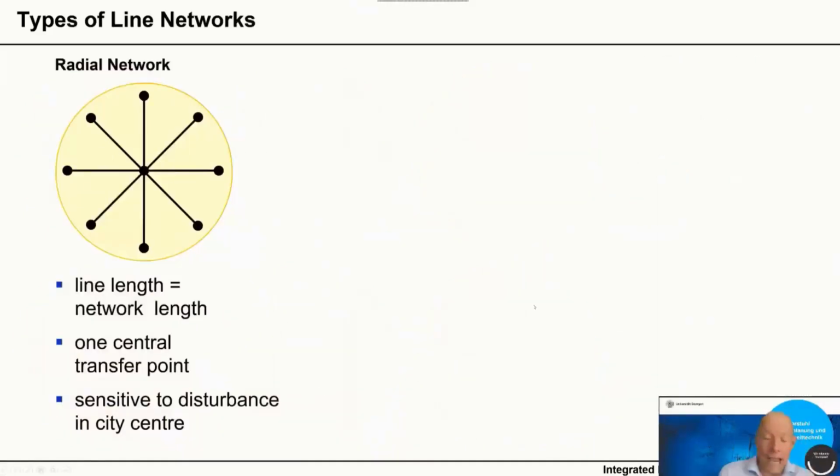Now we just looked at line types. I want now to look at types of networks. And again, we start with a very simple network, a radial network. You find this structure in many places, but if you look at it in the pure way, then you will find that such a system is not good, at least not in bigger cities.